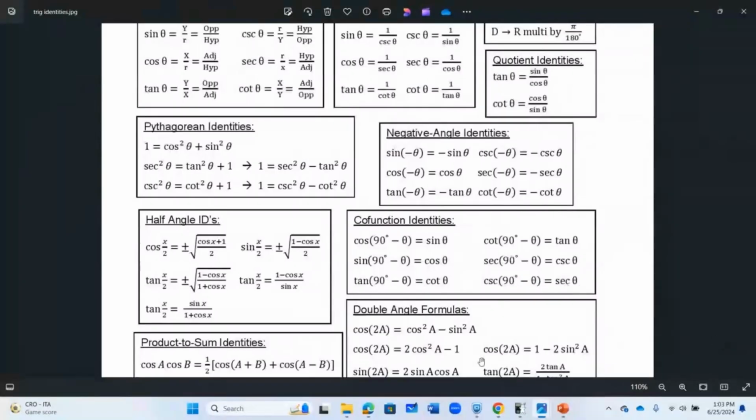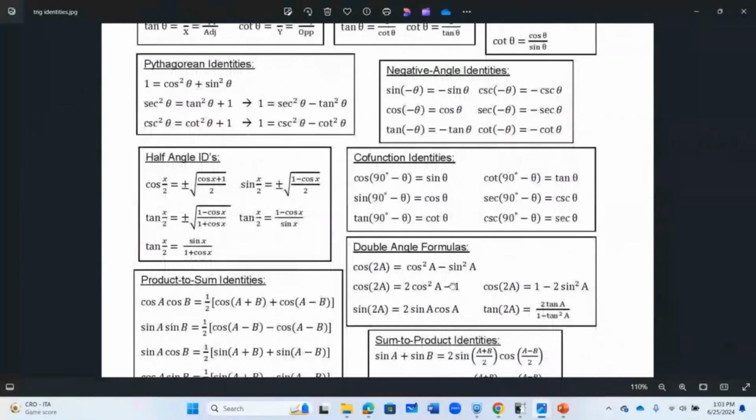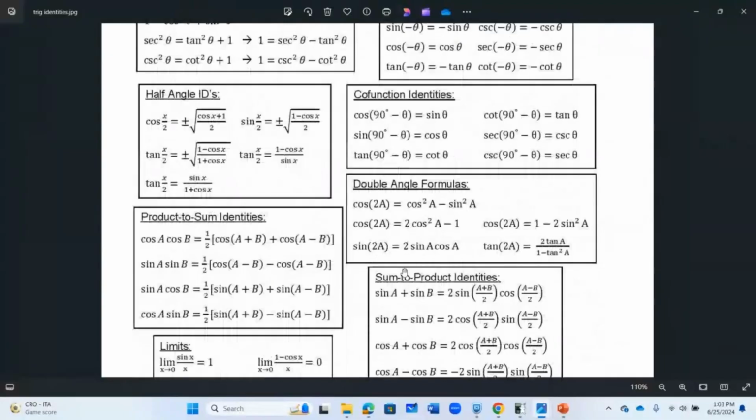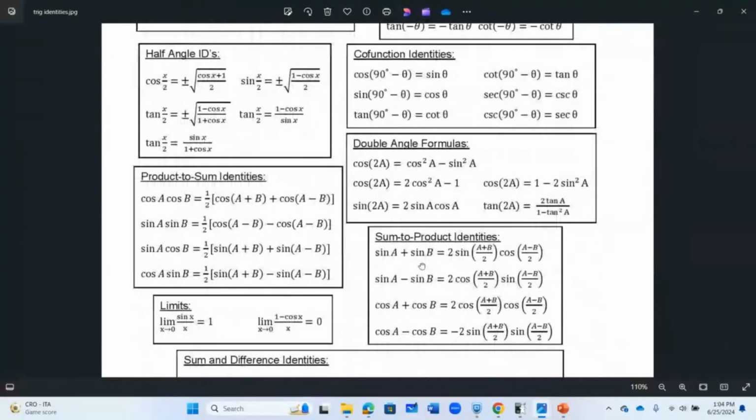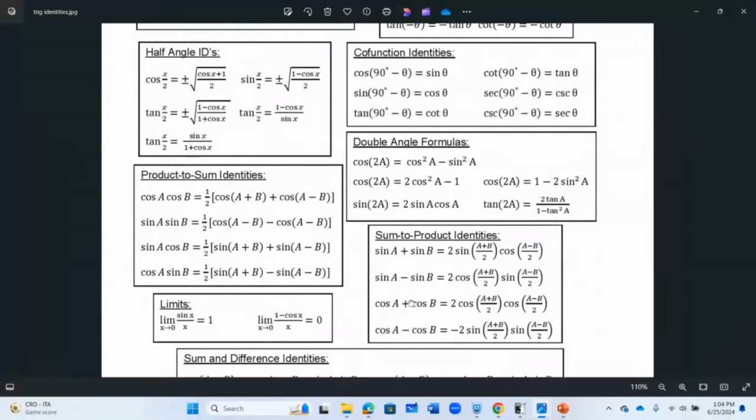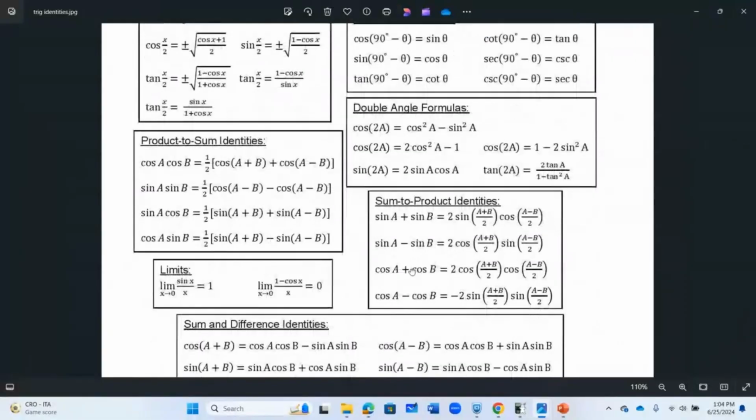Okay. We need all these other product rule, double angle formulas. Some things are here, but this is not in this class. Limits are in Calculus 1, so we're not going to be doing limits, trust me.